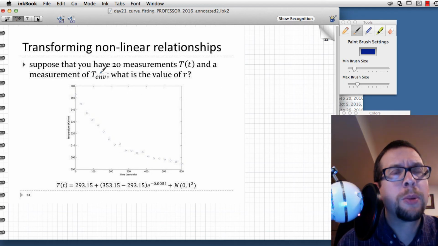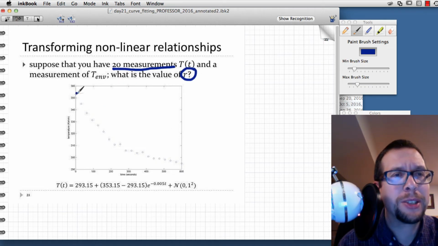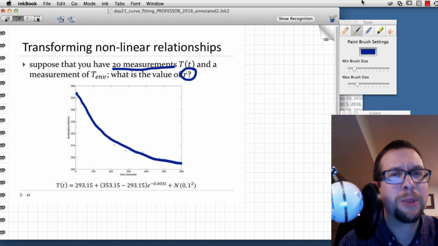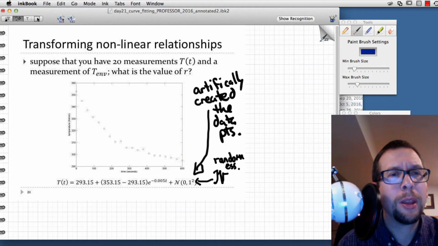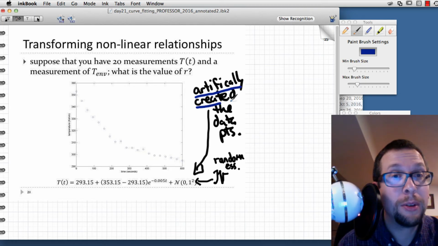Okay, so let's imagine that you've got 20 measurements and you're trying to determine what this value of R is, okay? And the basic trend looks something like that. That's basically what you're up against. Now, this data set right here has been artificially created using this equation right here.